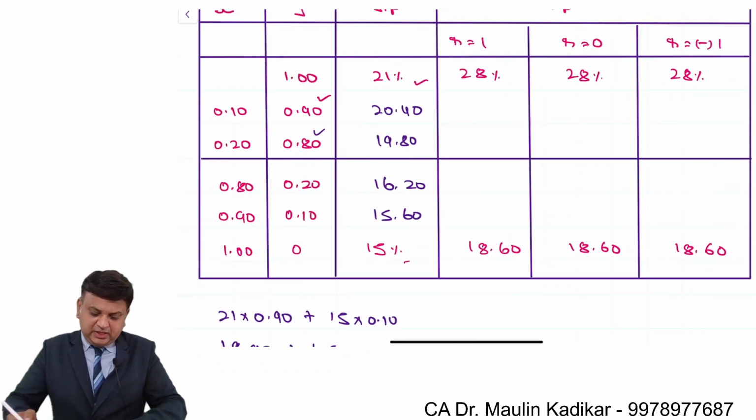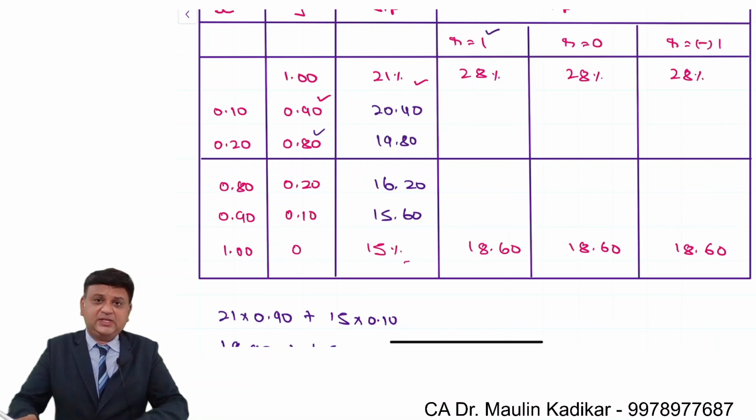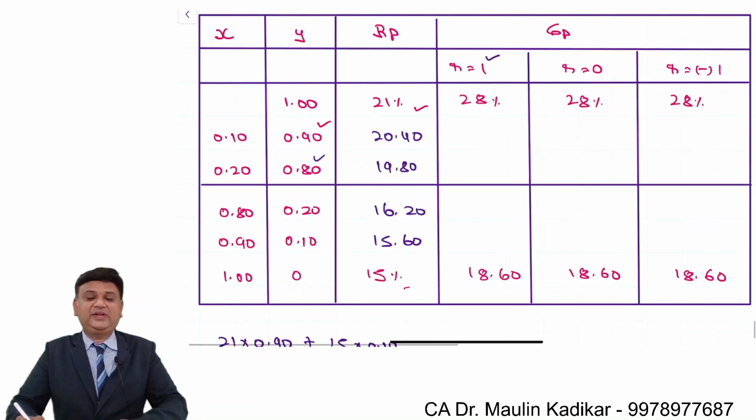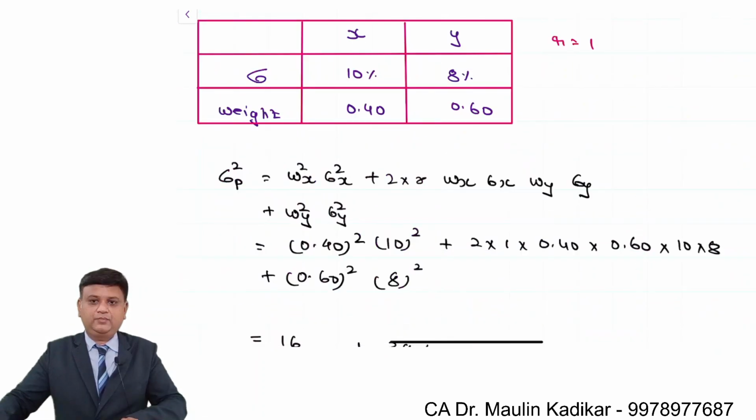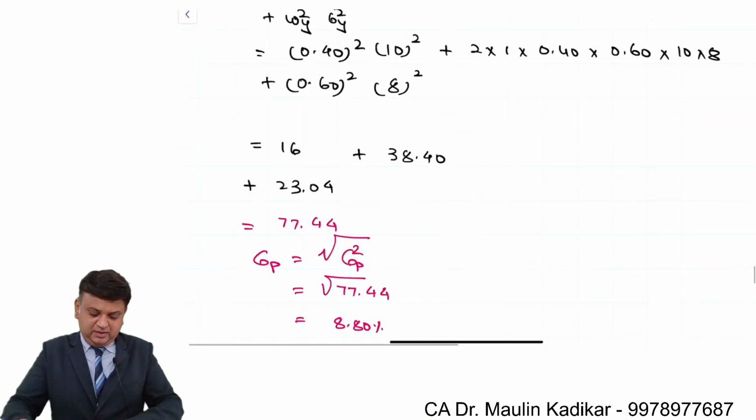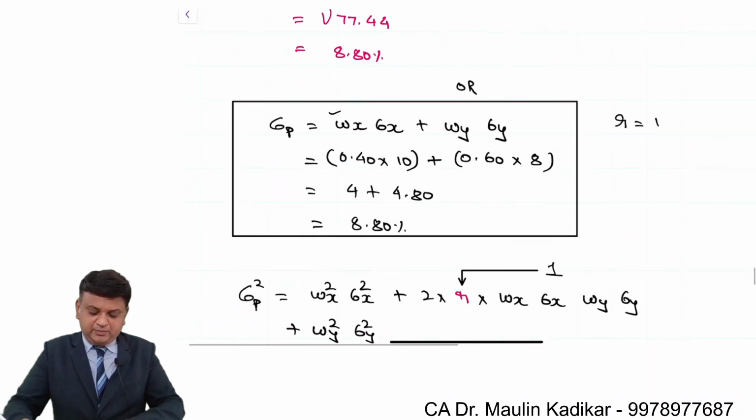Now friends, importantly, when the correlation coefficient is positive 1, then the standard deviation of the portfolio can be calculated by using the simple weighted average formula. That is what we have understood. We have seen an example like this.